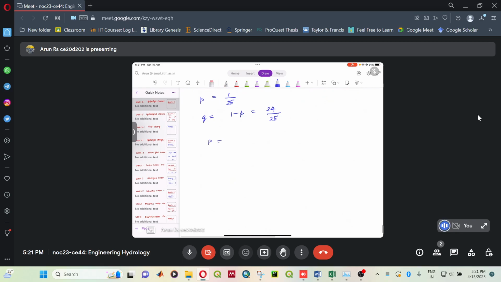Now we need to use the basic equation nCr p power r q power n minus r. So it is going to occur twice in 2 successive years.